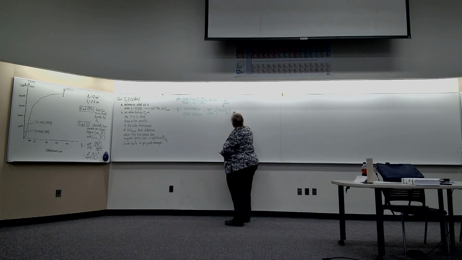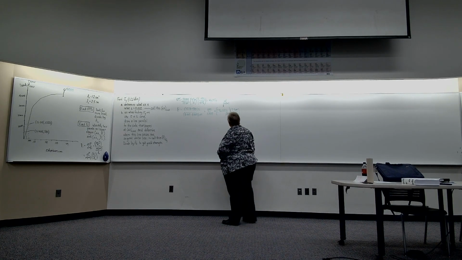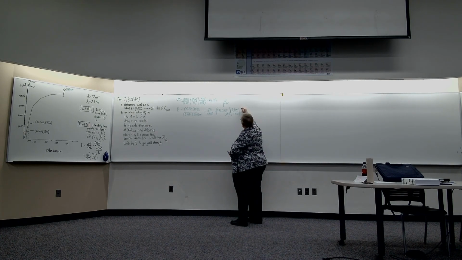And I just need to multiply that by L0, which is 2.5 centimeters, divided by A0, which is 1.2 square centimeters. These centimeters cancel. And now I'm again at that newtons per centimeter squared. And so I can say I've got 10 to the 4 square centimeters per meter, and I've got 10 to the 6 Pascal per megapascal.